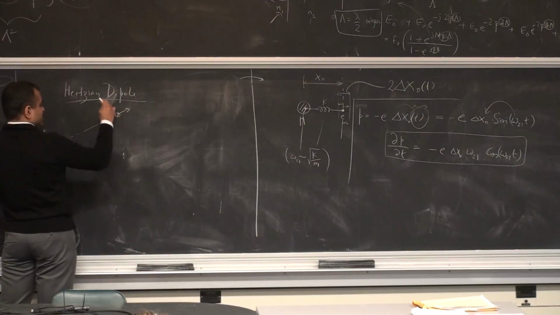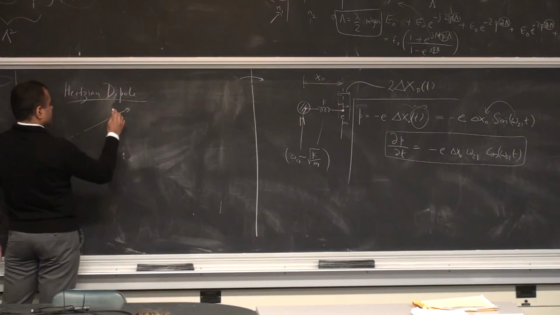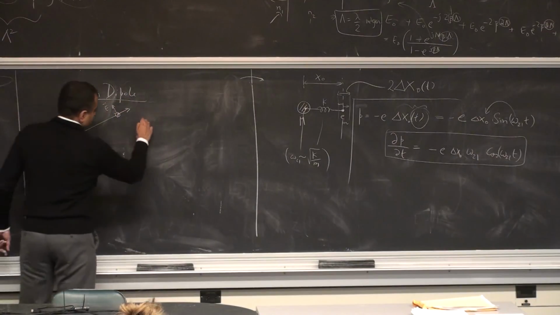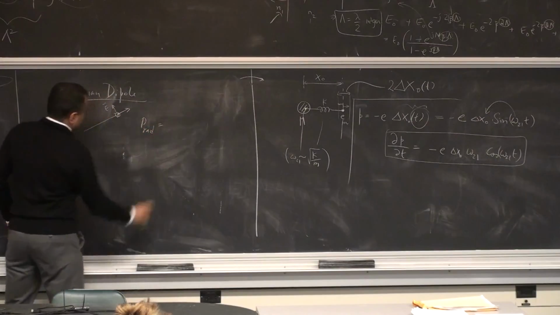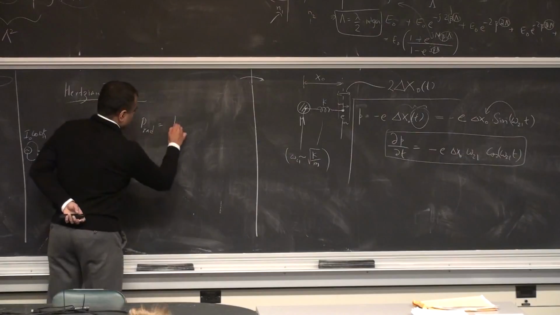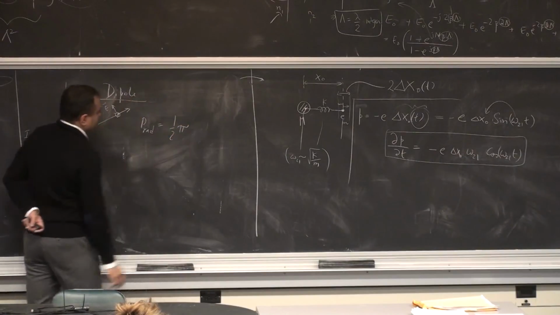Power is radiated as an electromagnetic wave, so maybe the magnetic field is coming out, the electric field going that way, E cross H, so power goes out. And the power radiated by such an oscillator, or a Hertzian dipole if you like, is given by this formula, and this was derived way before quantum mechanics.